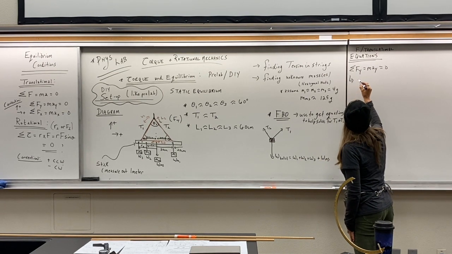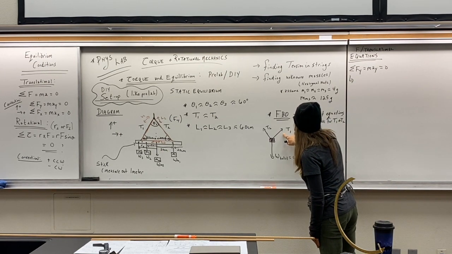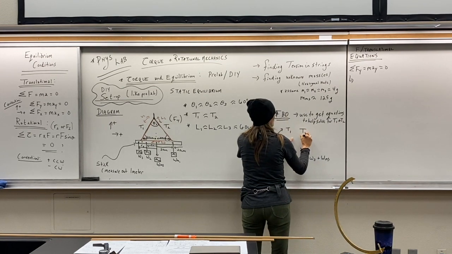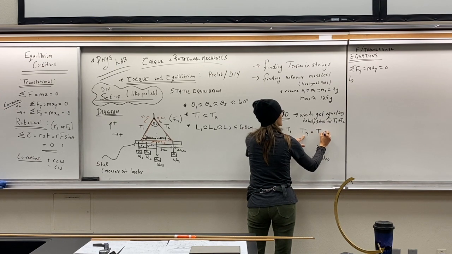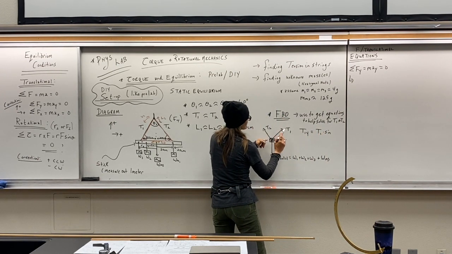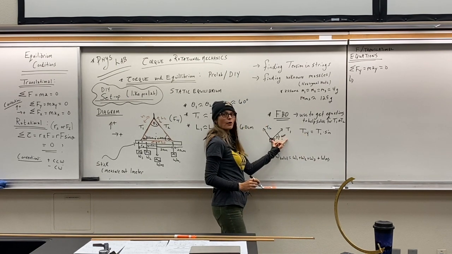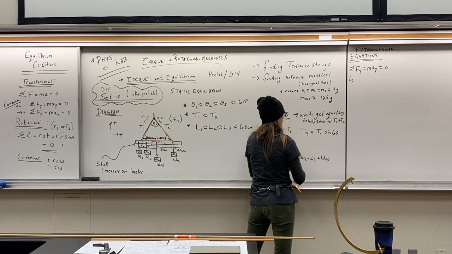And we know that these would be my Y forces, so I'd have T1Y equal T1 times sine of the angle here. My diagram's a little off, but this angle right here should be 60 degrees. Okay, so here, the Y component of tension will just be T1 sine 60.